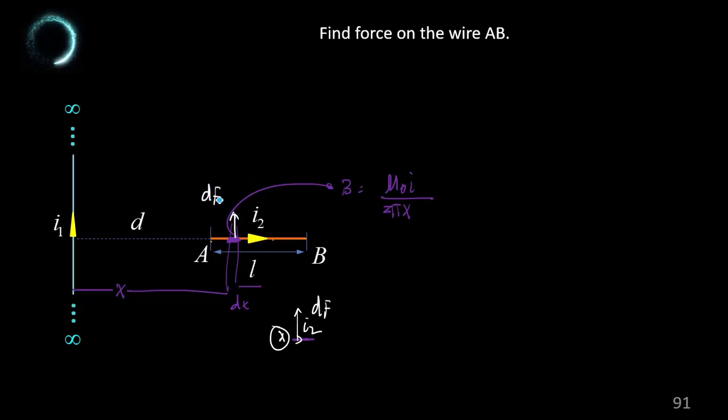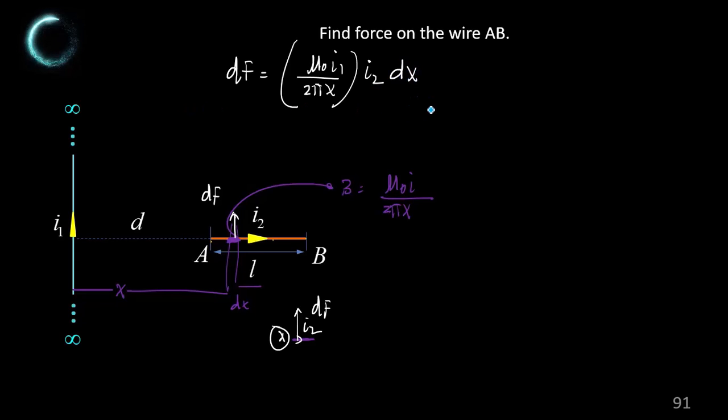Now what is dF? dF is BIL. So dF is B, where B is mu naught I1 by 2 pi x, times I2 into dx length. The total force on the wire AB, what do we write?